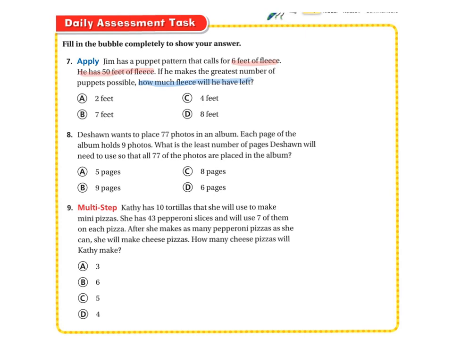So you've got to pick up on that target word in that question. Left. That means that we're looking for the remainder to this problem. So right now we've got 50 feet of fleece and we're splitting them into groups of 6 for the puppets. So your facts are going to come into play here.